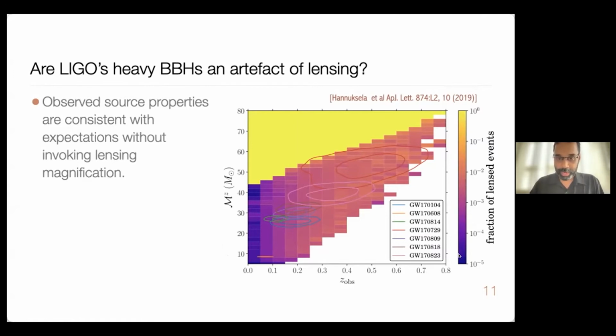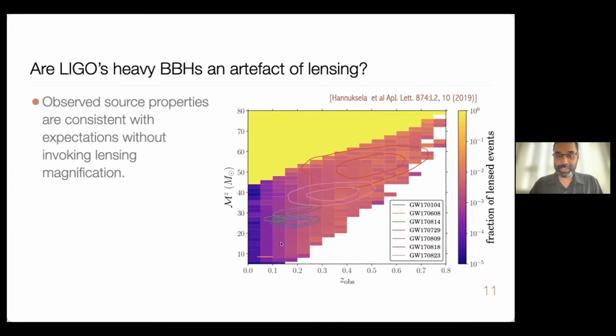That is shown by these density plots. For example, these redder and bluer regions show very small values for the a priori lensing probability. And on top of this are the posteriors of the binary black hole events detected by LIGO and Virgo during the first and second observing runs.